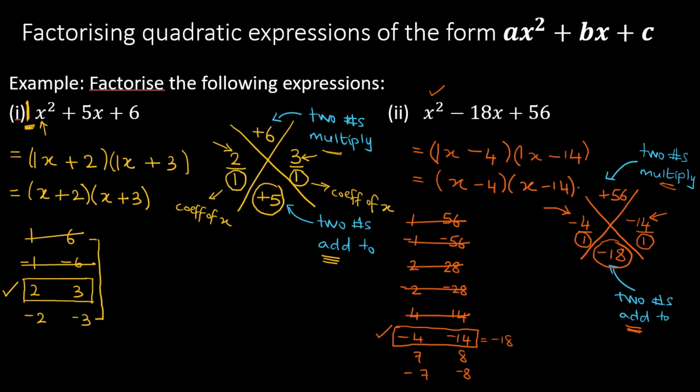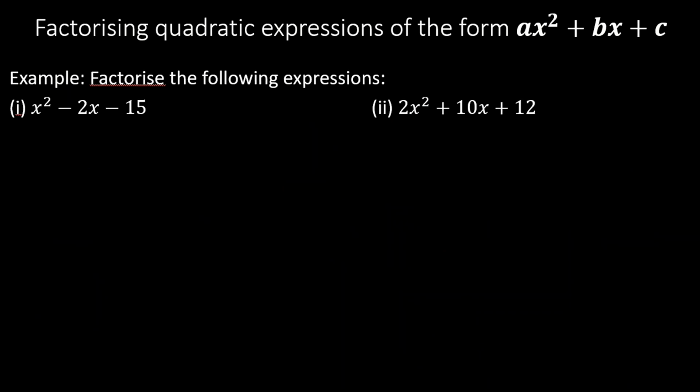Okay, now let us see another example. Again, the question says factorize. We have x squared minus 2x minus 15. We have three terms, so when we factorize, we get two pairs of brackets.